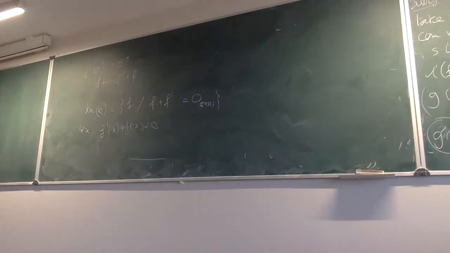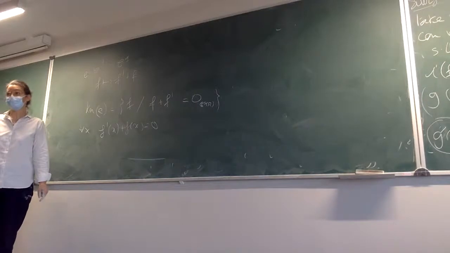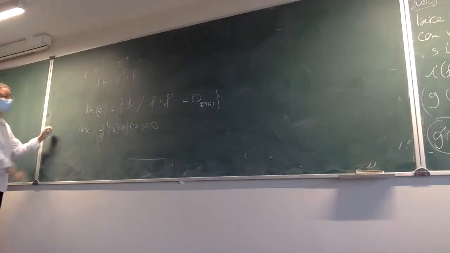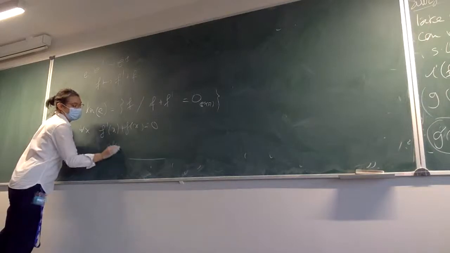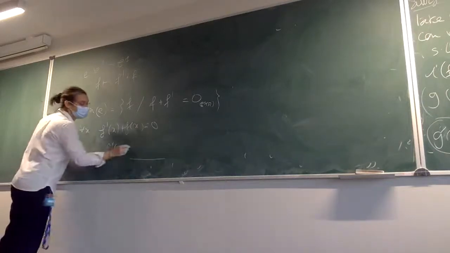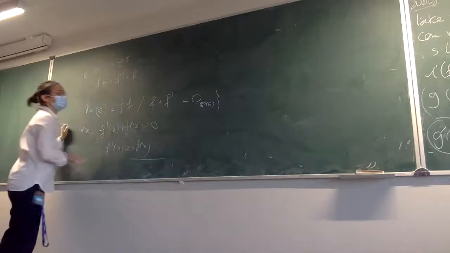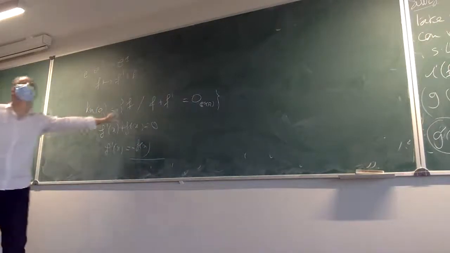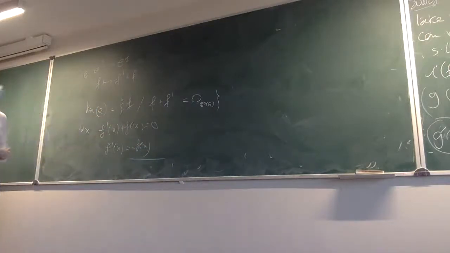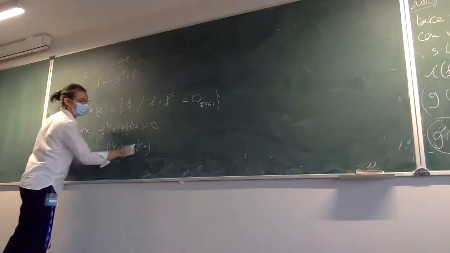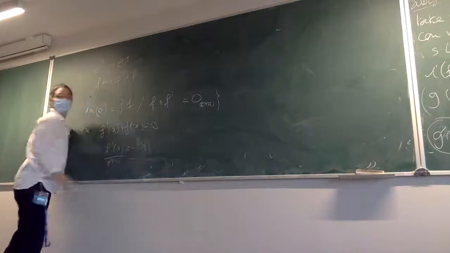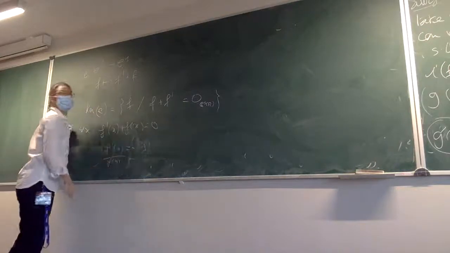What's the solution of this? It's going to be k exponential minus something. Yes, minus 1. Okay, that's it. You remember how you do that: we know the 0 function satisfies that, so we assume f is not 0. You write f of x on this side, 1 on that side, you integrate, you put the log.